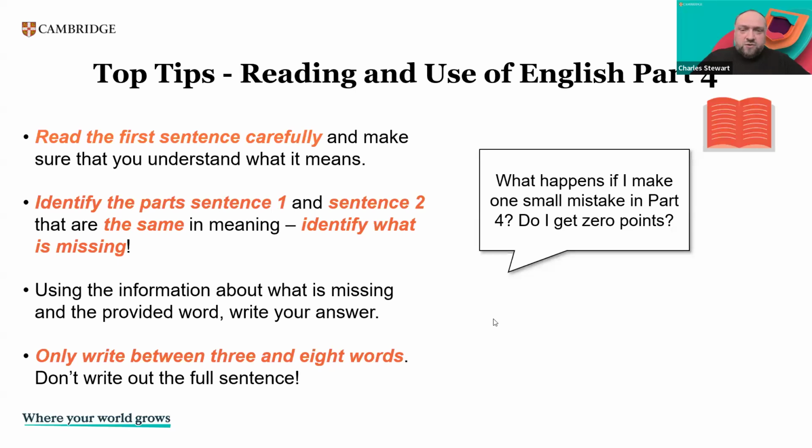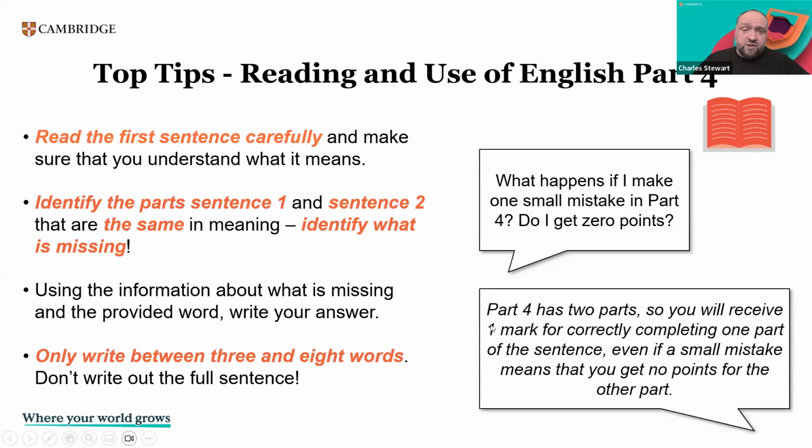Okay, so for part four of the reading and use of English, each answer is worth 2 points. And what they do, they divide the answer in half. If you get the first part correct, you get a point. And if you get the second part correct, you get a point.